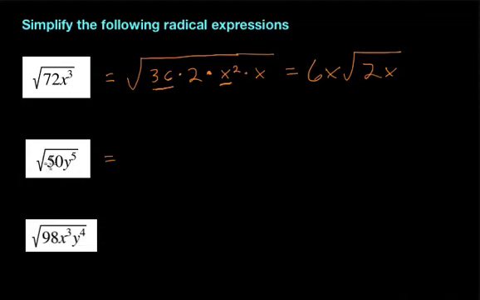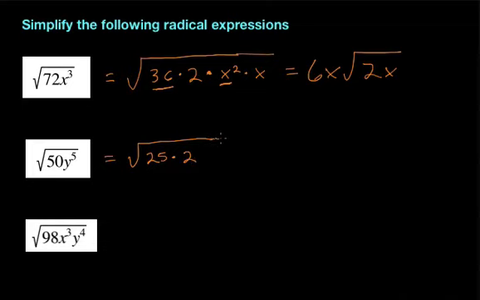So I'm going to follow the same procedure. The square root of 50 times y to the fifth is going to be the square root of, and 50 is just 25, a quantity squared, times 2.